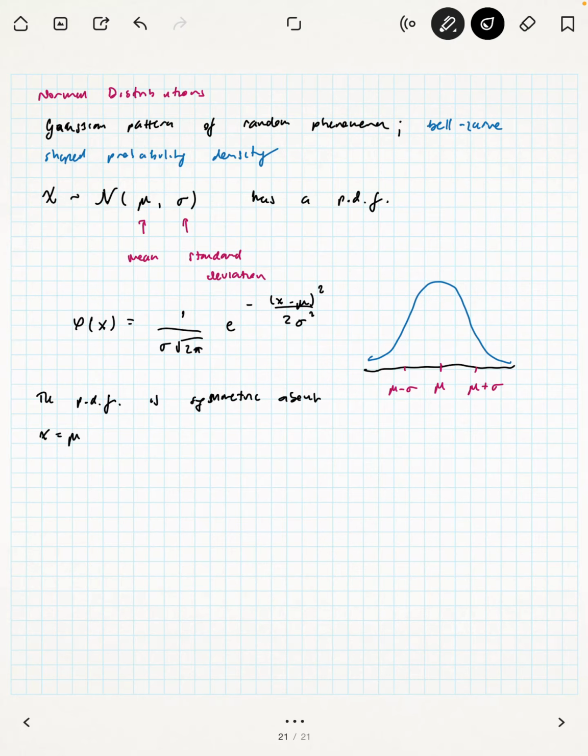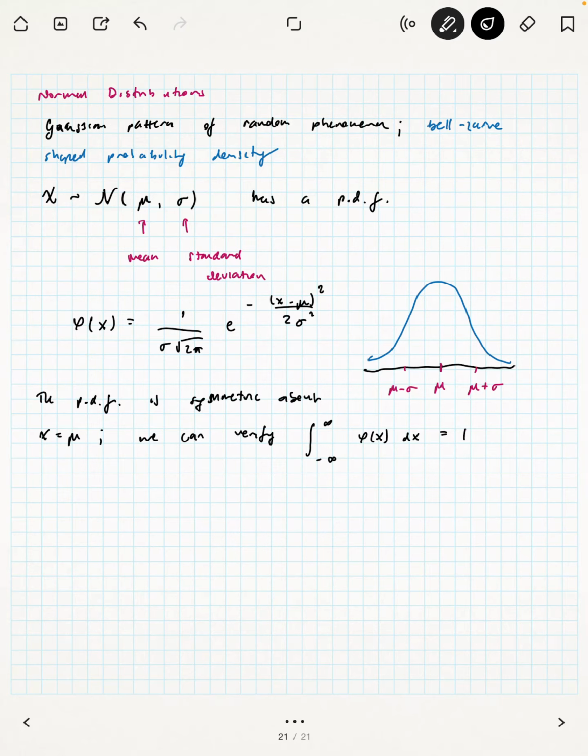And through some advanced calculus, we can verify that indeed the entire support, so all observable outcomes, are ranged between negative infinity to infinity. And this improper integral is equal to 1.